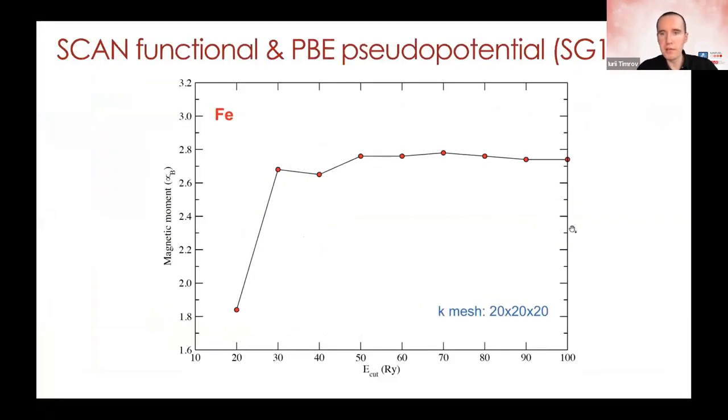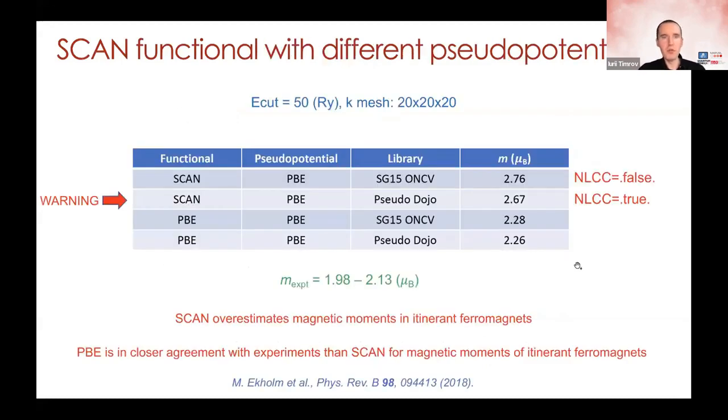While waiting for the results, we can continue the discussion. We see here the convergence looks this way, and around 50 Rydberg we're already converged. So it's better than the case of silicon. At 50 Rydberg, the magnetic moment is 2.76 Bohr magnetons.